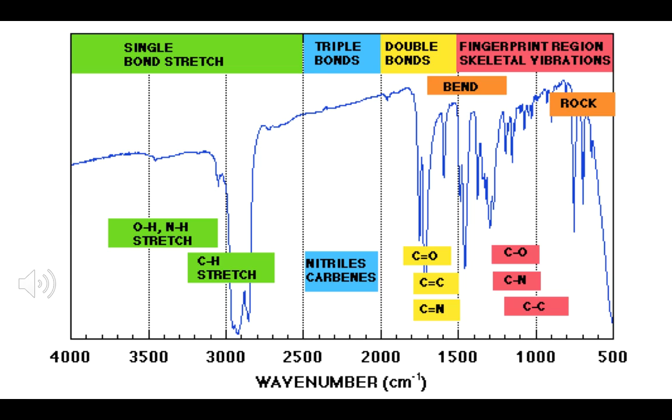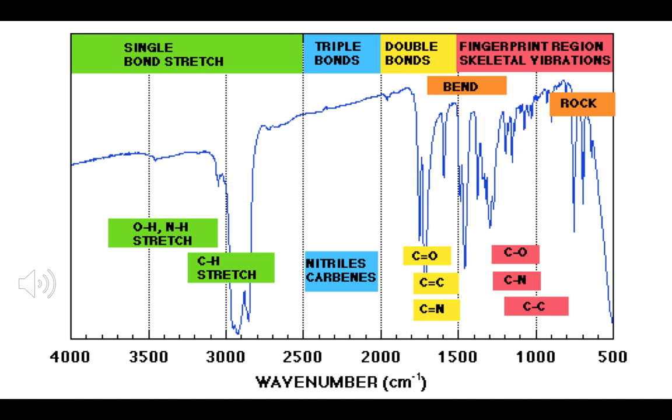The next important peaks are the single bonds. So we can have a carbon-hydrogen bond, and that's usually a choppy peak, depending on what the carbon is. If you have an sp3 carbon, it's usually around 2900 to 3000. If it's an sp2 carbon, it's usually 3000 to 3150. If it's an sp carbon, it's usually 3150 to 3300.